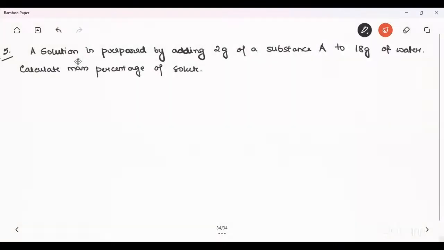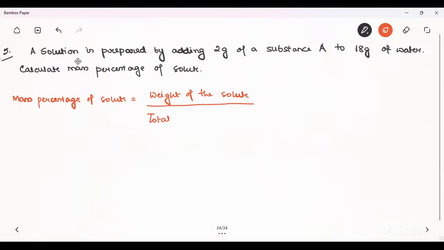So, mass percentage of the solute is weight of the solute divided by total weight of solution into 100.